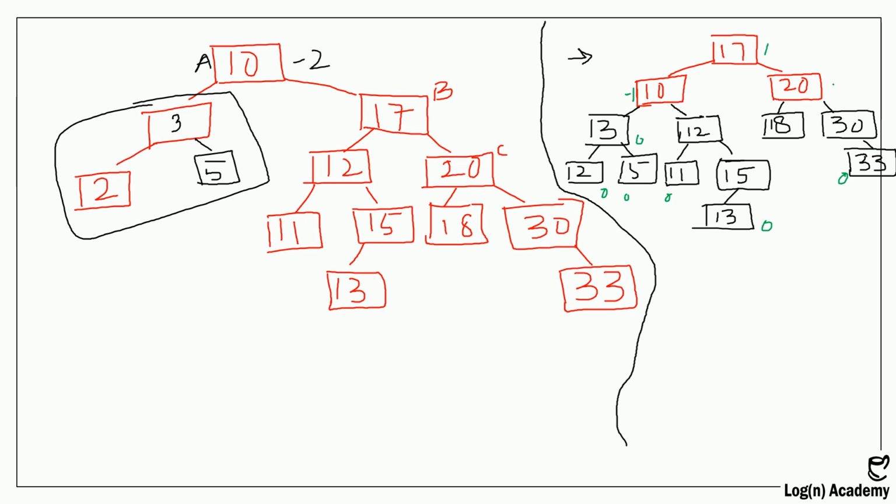The balance factor of 20 is 1 minus 2, which is minus 1. The balance factor of 3 is 0 minus 1, which is minus 1. And 18 is 0. The balance factor of 12 is 1 minus 2, which is minus 1. And 1 minus 0 is 1.